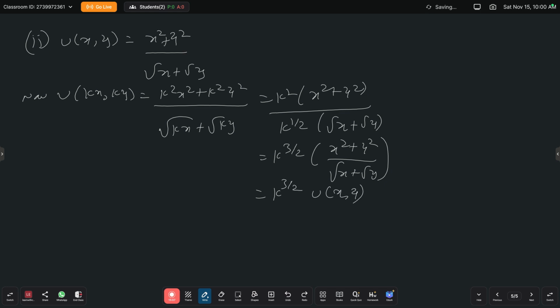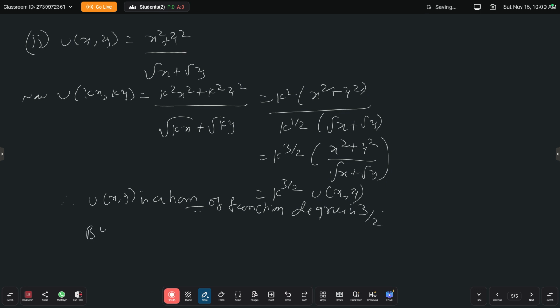The given function u of x comma y is x square plus y square by root x plus root y. Therefore, u of x comma y is a homogeneous function. What is the degree? It is 3 by 2.